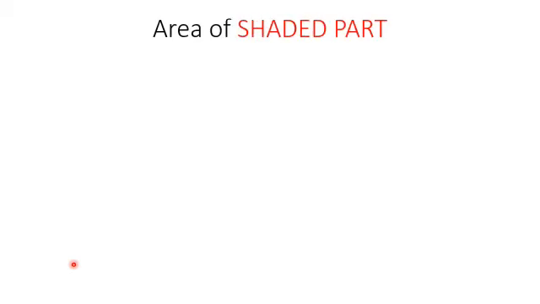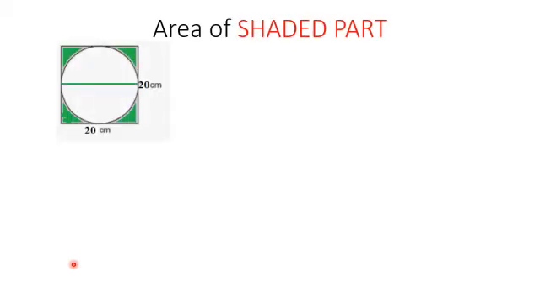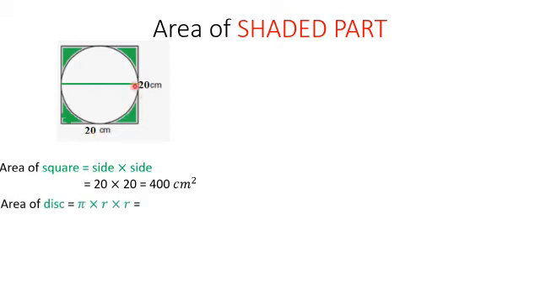Area of shaded part. We have this shape. We are going to calculate the area of the shaded part in it. First, we calculate the area of the square, which is equal to side times side equals 20, since it's given 20, times 20 equals 400 centimeters squared. After that, we are going to calculate the area of the disk or circle. It's equal to pi times radius times radius.